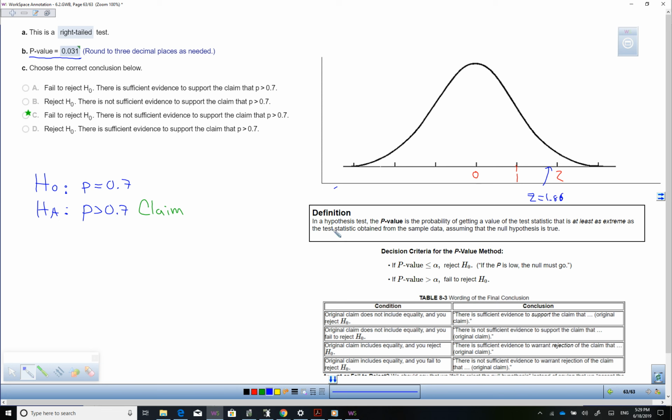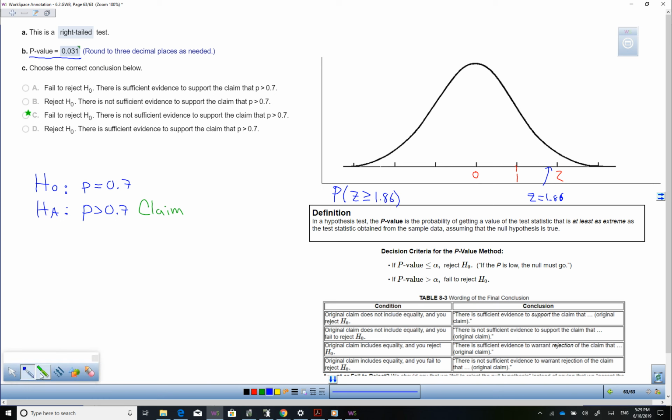And by definition, the p-value is the probability of getting a value of the test statistic that is at least as extreme as the test statistic obtained from the sample data. So you are looking for this probability, z greater than or equal to 1.86.